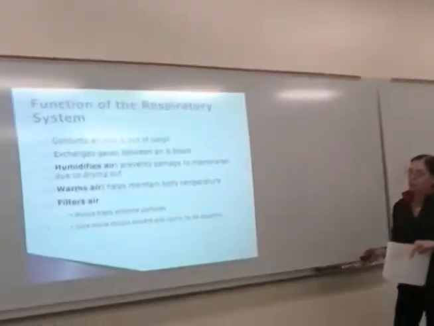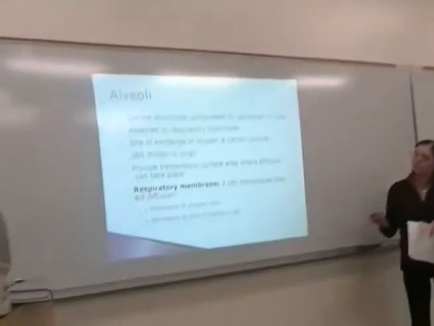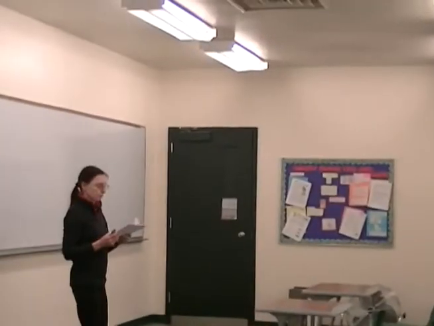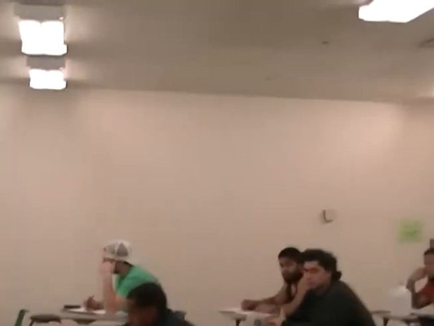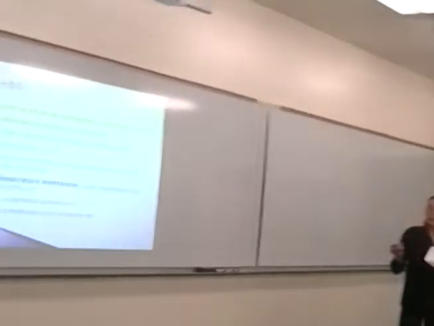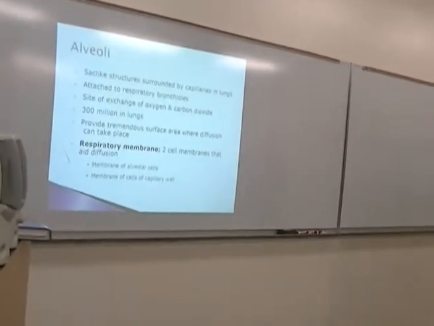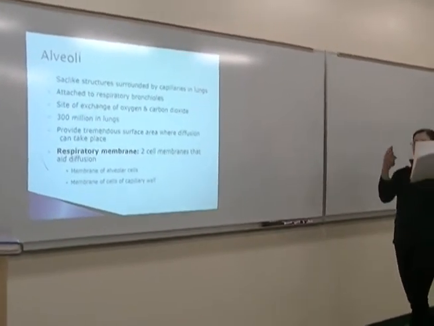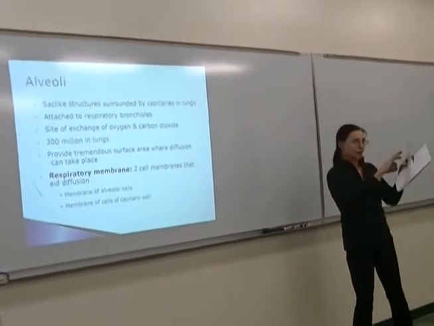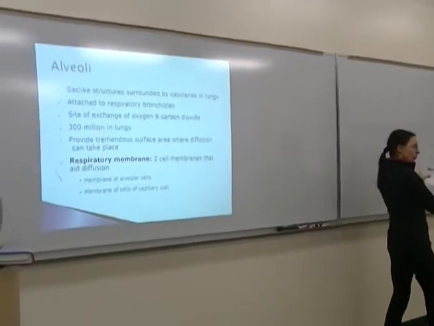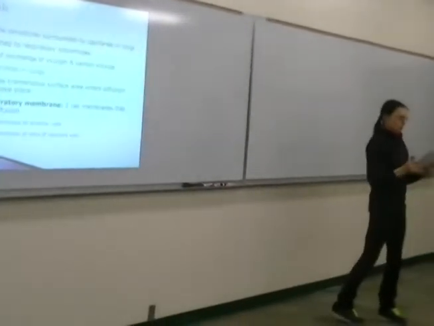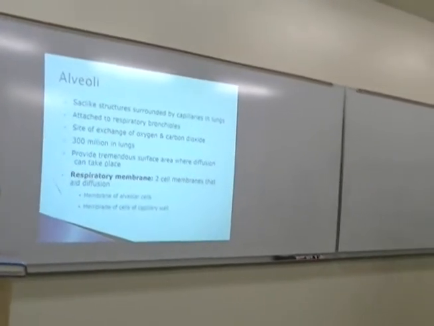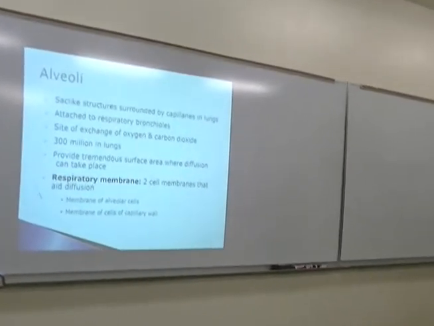So, we get down to our alveoli, then we're looking at a structure that's like a little round sac, and the whole structure is surrounded by a netting of capillaries. And we want to keep that alveoli working well.